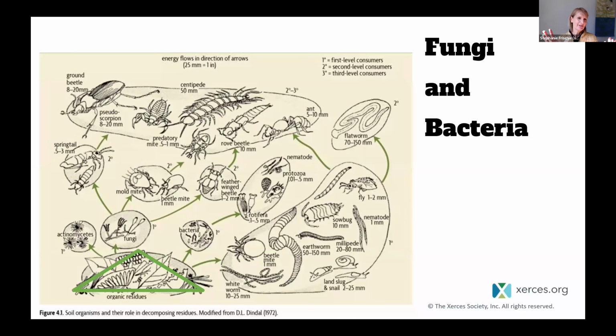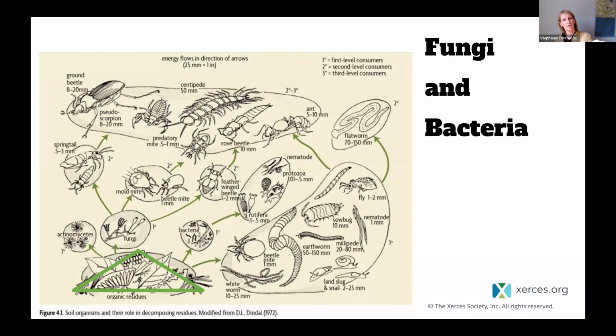The image here is a simplified soil food web. Starting with this green triangle in the lower left, and the arrows here as well, it's showing how energy and nutrients, the energy mostly in the form of carbon here, move through these animal networks.